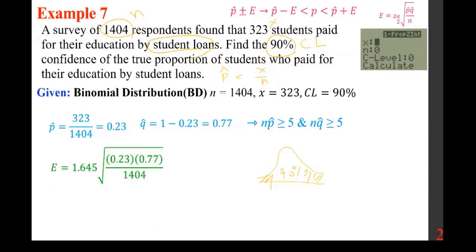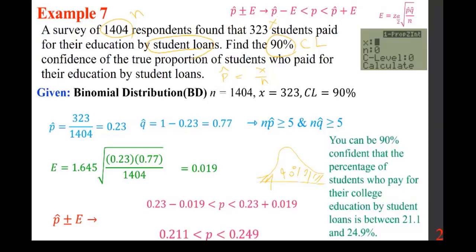So if we use the top right formula, we know z is 1.645 because of that 90% confidence level. So you calculate, and E becomes 0.019. So all you have to do is p hat plus or minus E. Now you're going to subtract this from 0.23 and add this to 0.23.